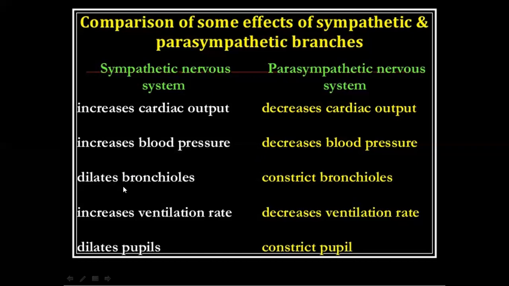The sympathetic nervous system dilates bronchioles, and the parasympathetic nervous system constricts bronchioles. Number 4: the sympathetic nervous system increases ventilation rate, and the parasympathetic nervous system decreases ventilation rate. The sympathetic nervous system dilates the pupil, and the parasympathetic nervous system constricts the pupil. Is it clear? This is the comparison between the sympathetic nervous system and the parasympathetic nervous system.